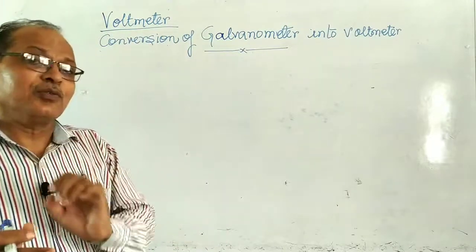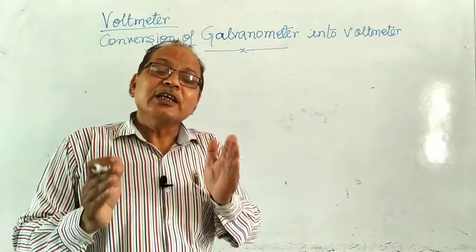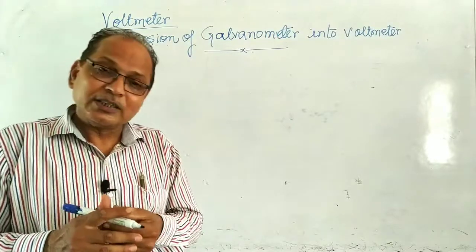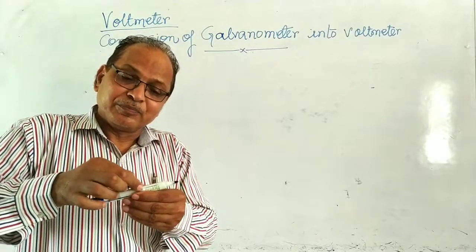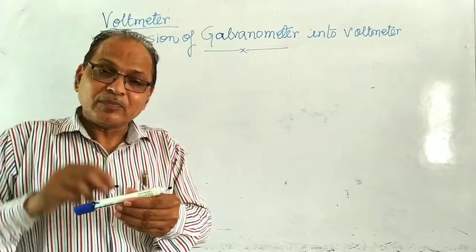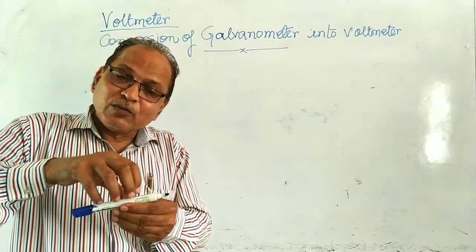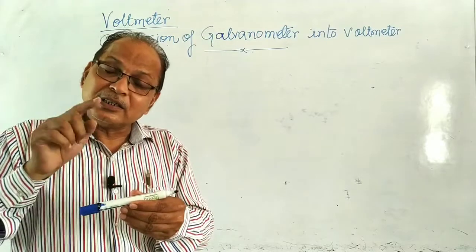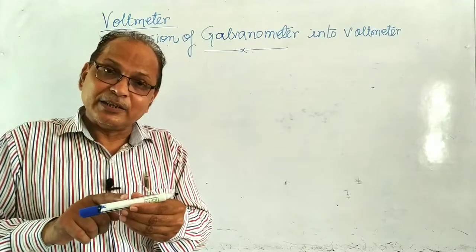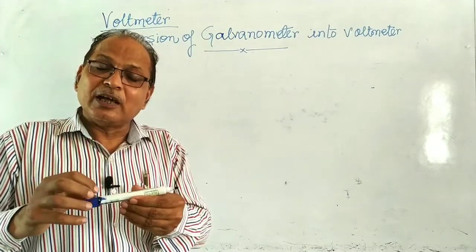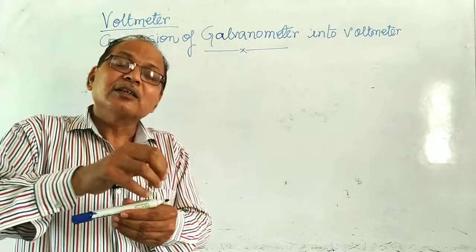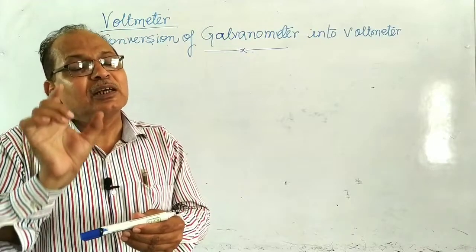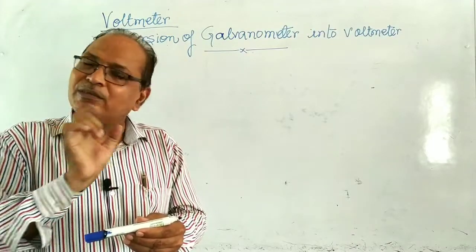When the resistance is very high, then only it can measure the accurate value of the potential difference. For example, if current is flowing from here, you are connecting a voltmeter over here, and if its resistance is very high, then it gives the potential over here and no current over here. Then only you can measure the accurate value of the potential difference.